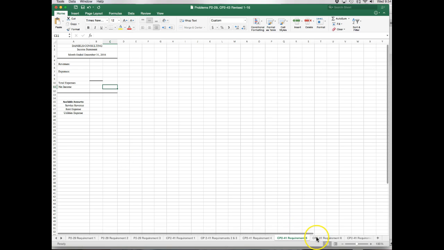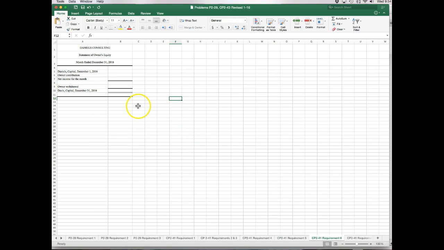The next statement is the statement of owner's equity. Now, what's important here is that the net income is going to flow over to the statement of owner's equity. So in the statement of owner's equity, you're going to start with the capital balance from December 1, 2016, which is the same as the ending balance from November 30th, 2016. Now, if this is a new business, it would be zero.